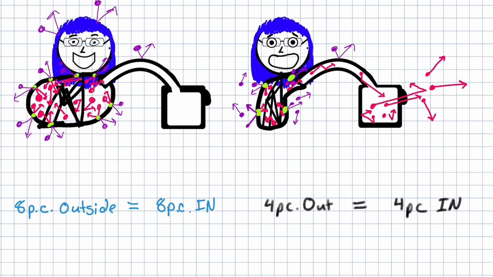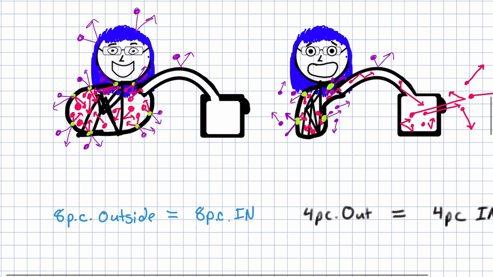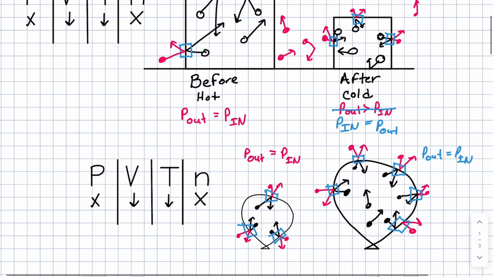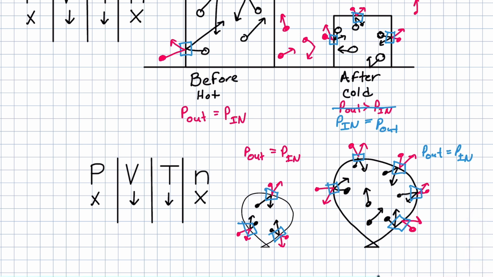This is what we mean by an equalization in pressure. When pressure is said to be equal, it's because the pressure inside and outside are equal. So for this one, we increased the number of particles, temperature stayed the same, my volume increased, and so pressure stays the same.